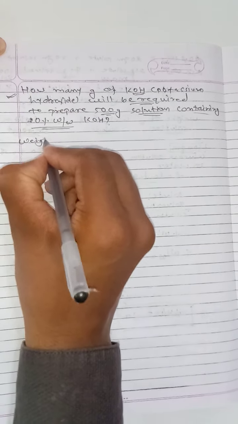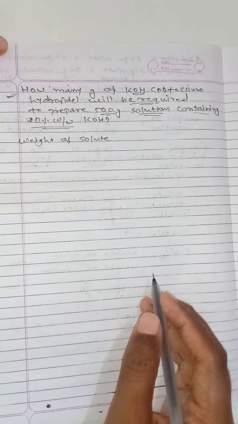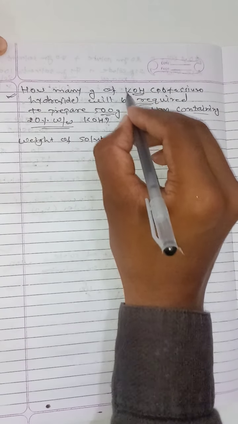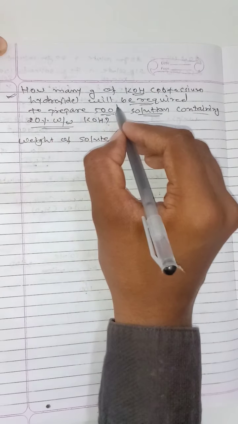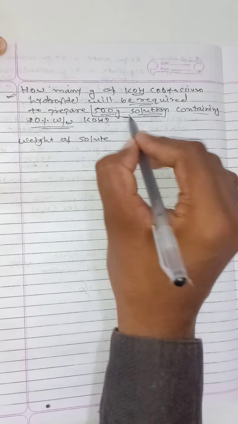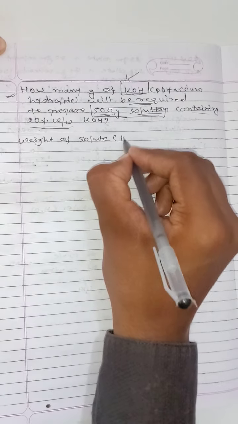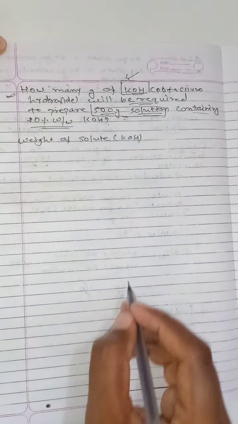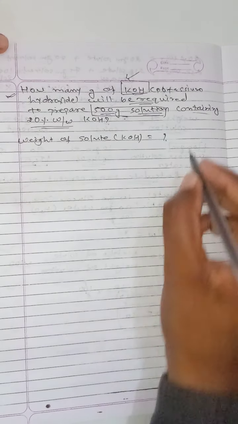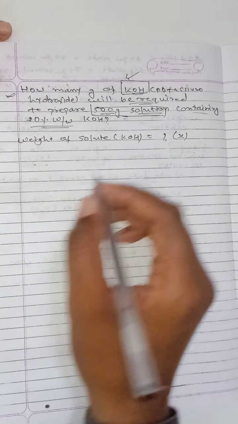Number 1, weight of solute. Here potassium hydroxide, how many gram of KOH will be required to prepare 500 gram of solution, that means this is said to be our solute KOH. It is question mark. Suppose it will be X.